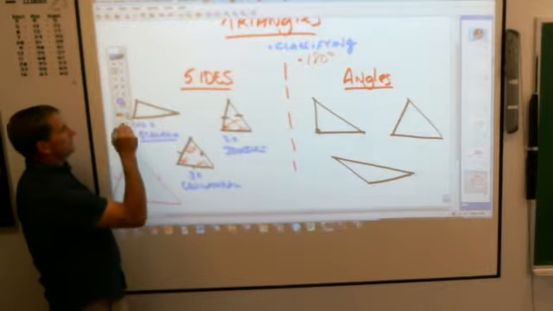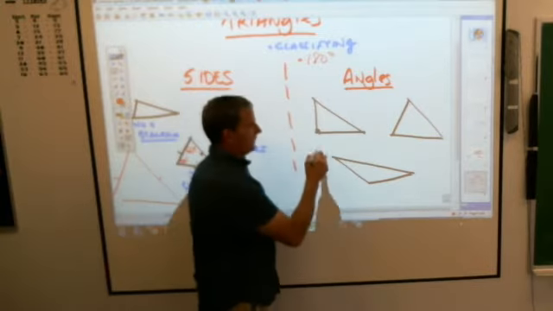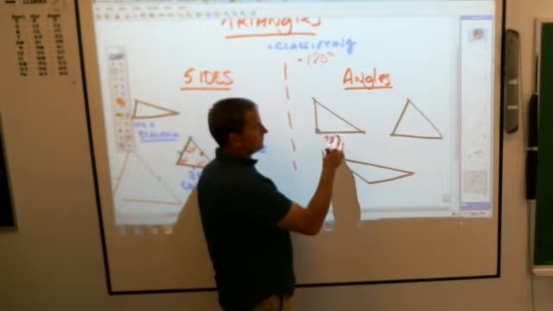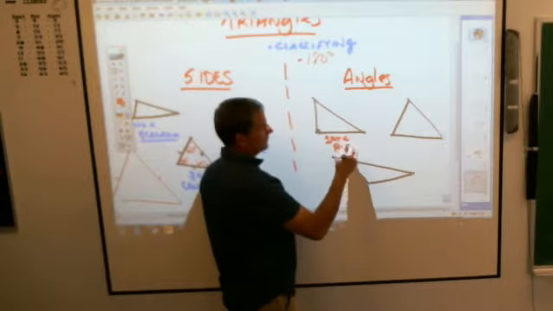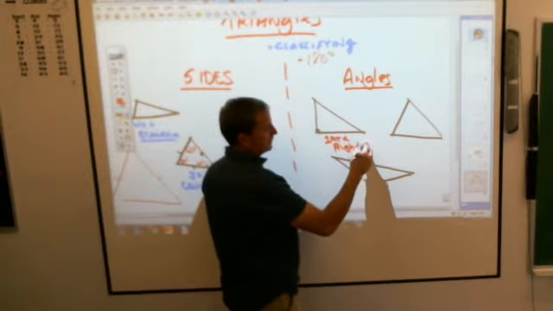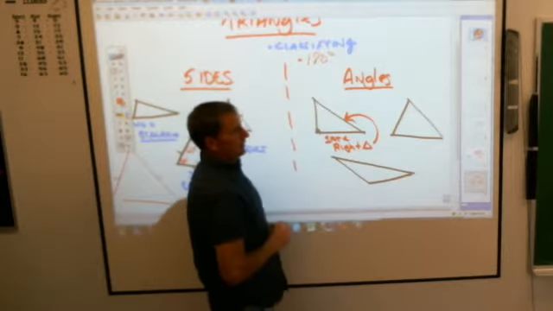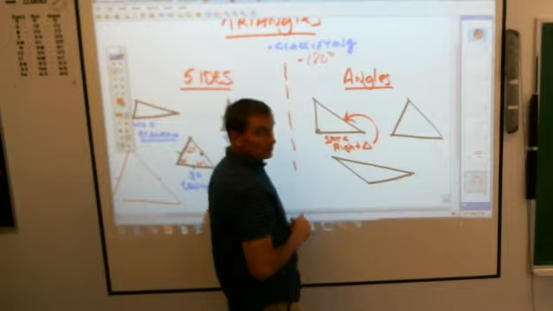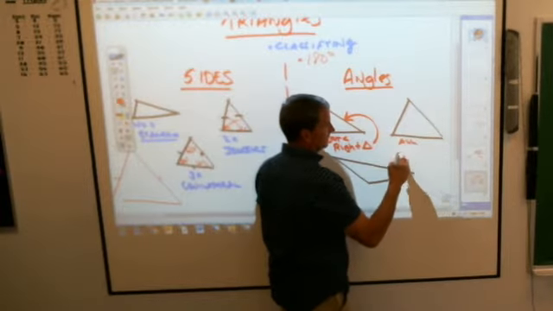And really, ladies and gentlemen, it's pretty self-explanatory. If it has one right angle, it's called a right triangle. If it has all acute angles, it's an acute triangle.